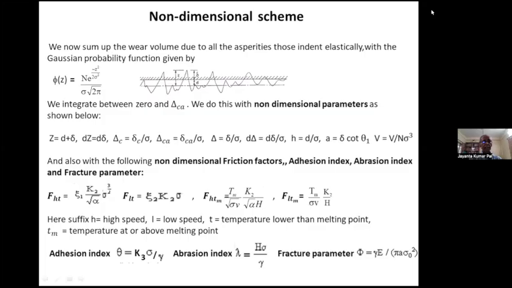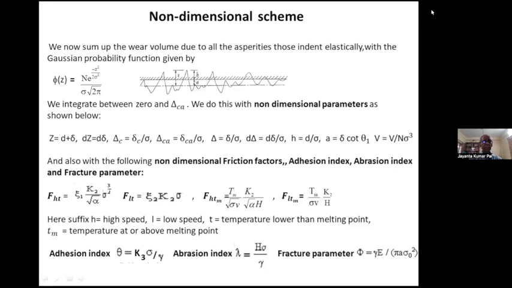And L, small l, represents low speed. That means Peclet number less than 0.1. And Tm represents contact temperature equal to or larger than melting point.